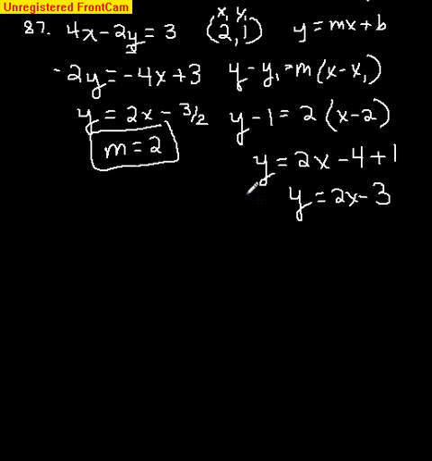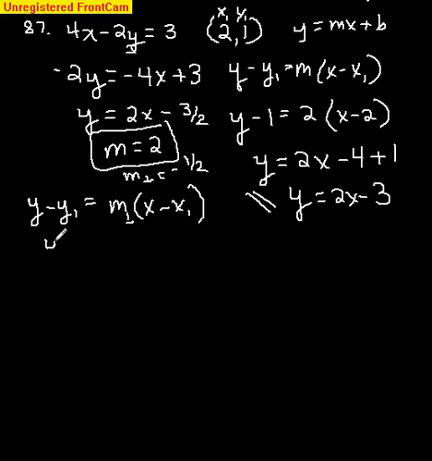To do the perpendicular one, we use the same formula, y minus y1 equals m times x minus x1, called point-slope form, and this time we want the perpendicular. So the perpendicular slope is the negative reciprocal. You just plug these in.